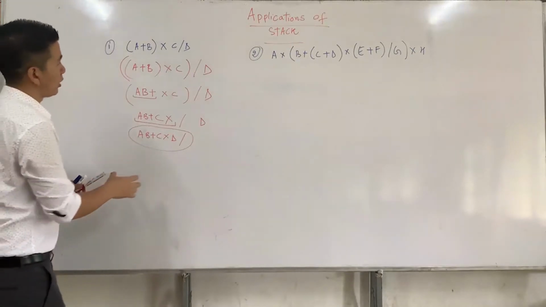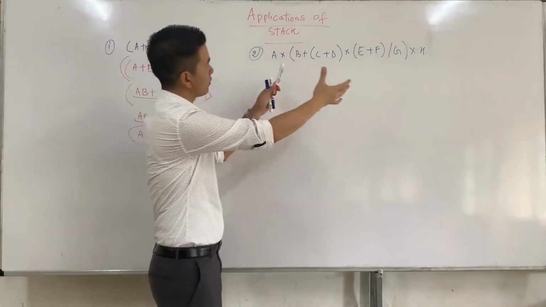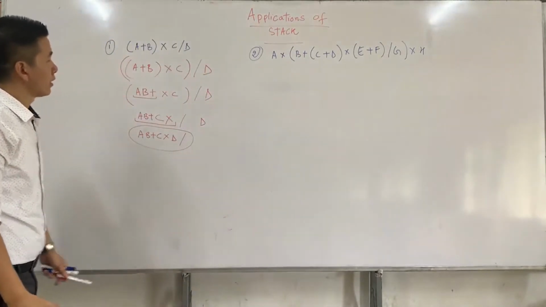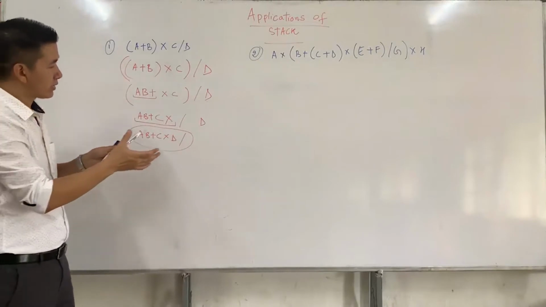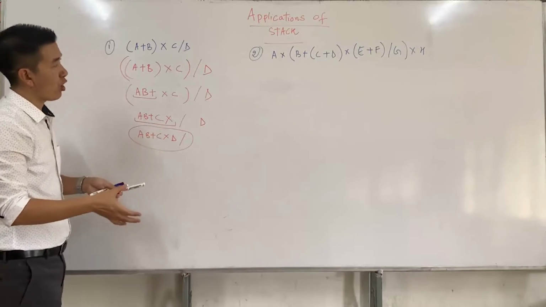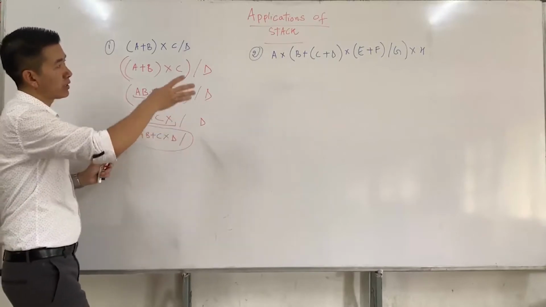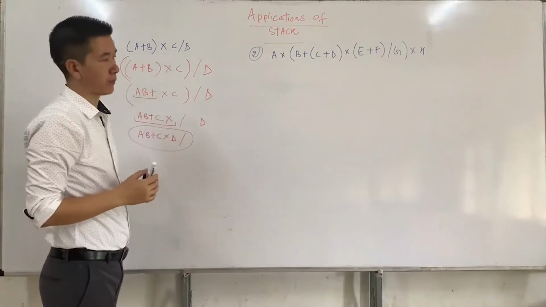Artificial intelligence. So now before I move on to the second example, in order to make sense of the entire picture, I'll just try to bring the picture of how stack could be applied in the polish string.